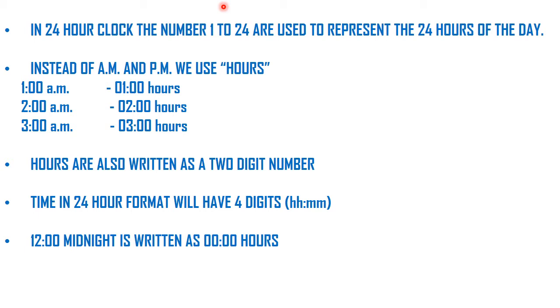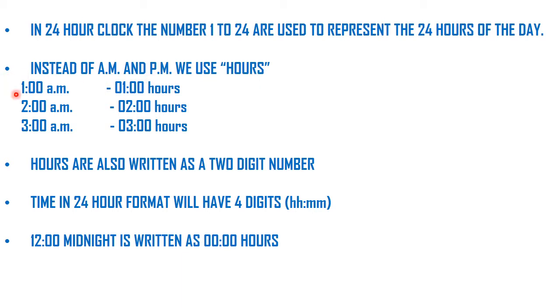That means, in the 24-hour clock system, the hours from 1 to 12 represent AM and the hours from 13 to 24 represent PM. Hence, instead of AM and PM, we use hours.